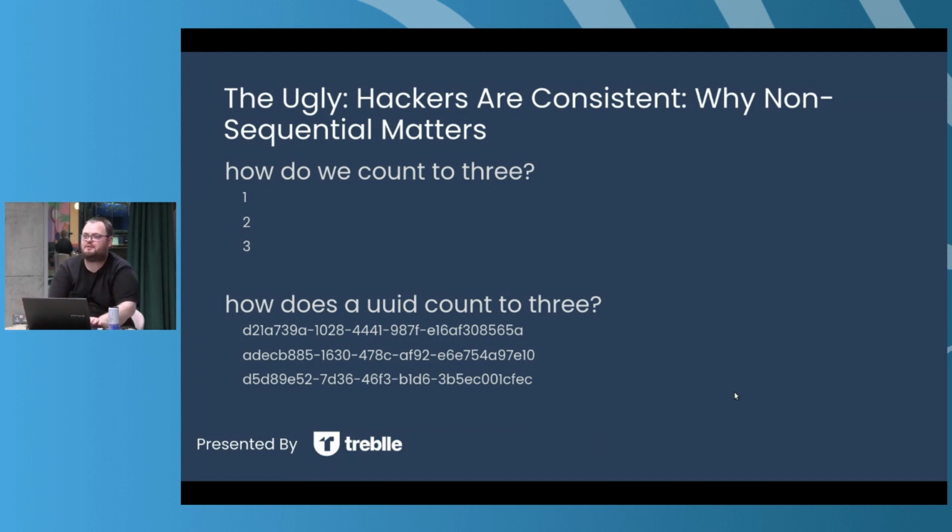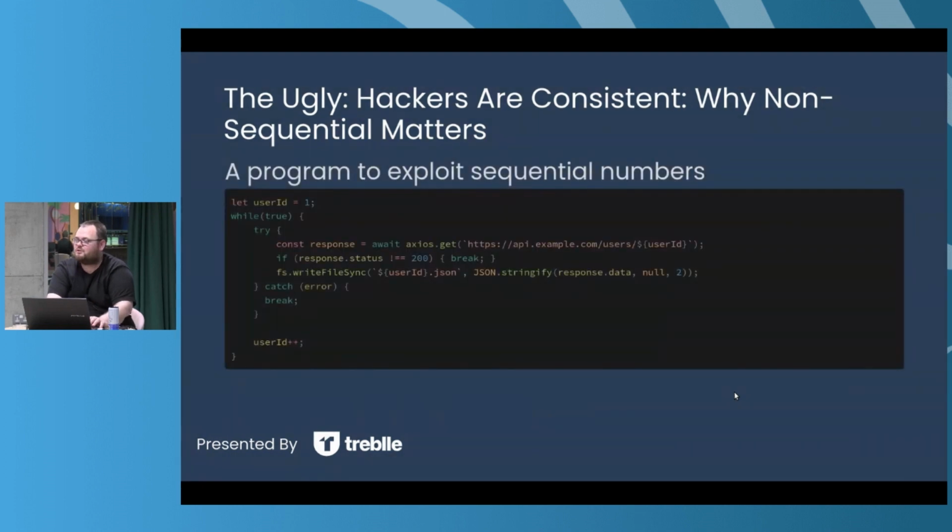UUIDs, ULIDs, any of the variations of those, are much more complicated to cycle through. And when I say it's easy to cycle through, there's a JavaScript program that does it for me on that broken API. A simple while loop, and when it finds an error on the endpoint, because there was also no rate limiting, it breaks. And it was writing it out to a file for me. So by the end of that program running, about 20 minutes later, I had every user in the system.